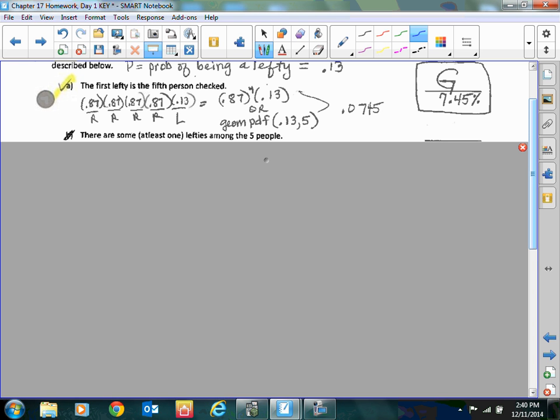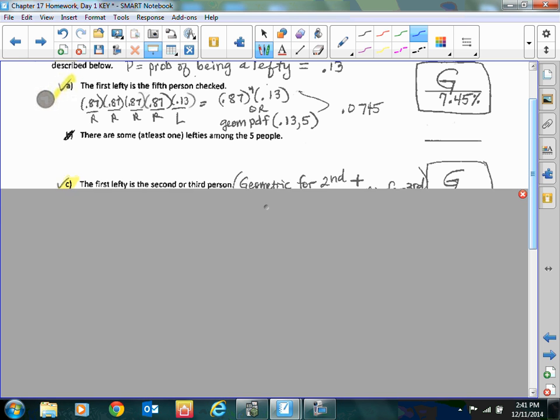There are some lefties among the 5 people. What do you want to do on that one? Geometric CDF. So anywhere in there is sprinkled a lefty. You could also do it 1 minus the probability of none. There's at least one lefty in there. Okay, so write that down.